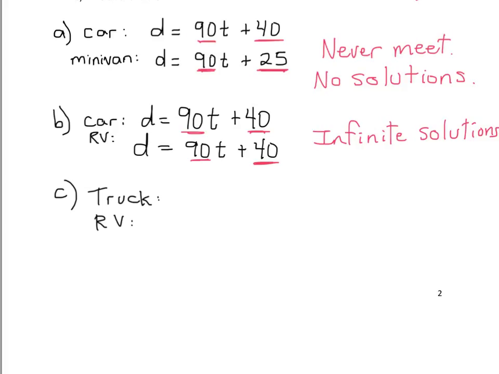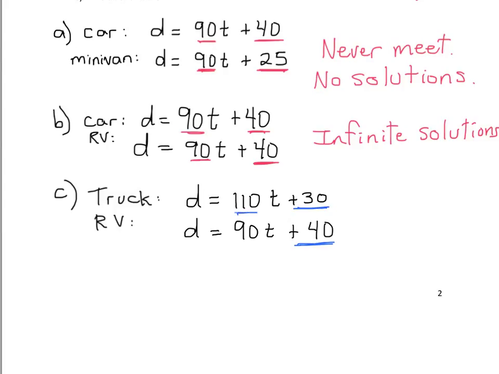And in part C, we are going to compare the truck and the RV. The truck's distance can be represented by 110 times t, because it's traveling at 110 kilometers per hour, plus the 30 kilometers that was its starting distance. And we already had an equation for the RV: 90 kilometers per hour times time, plus the 40 kilometer distance that it started at. Now we notice that our y-intercepts, or starting points, are different, and so are the speeds, or slopes.